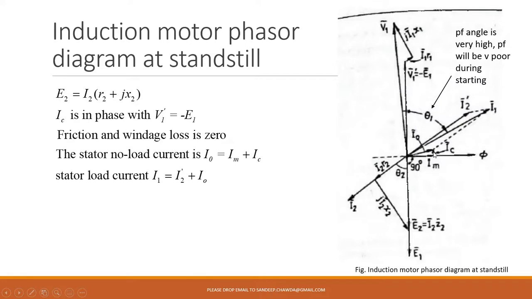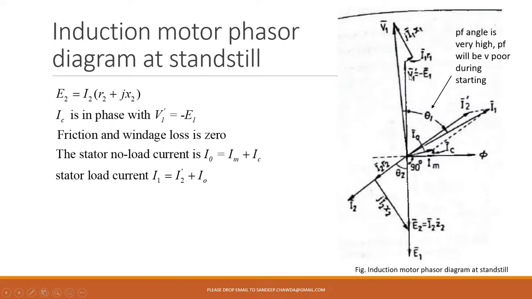This IC will be in phase with V1 dash or minus E1. And how is V1 dash or minus E1 obtained? After getting E2, E1 can be drawn in phase, and E1 dash can be obtained by reversing this E1.